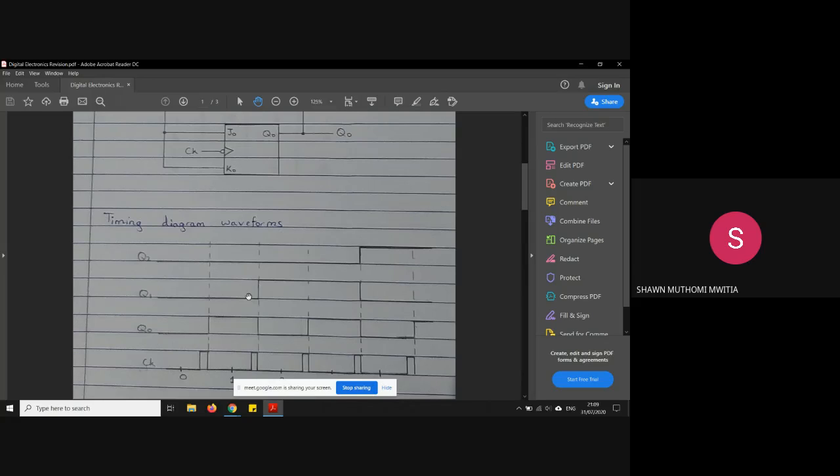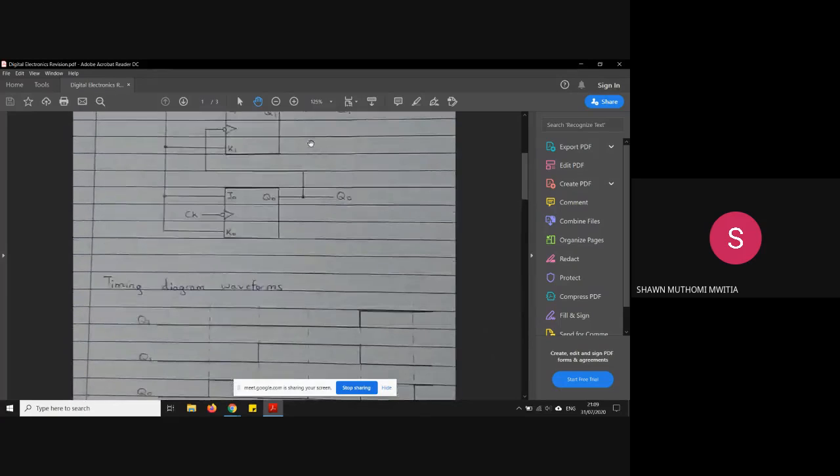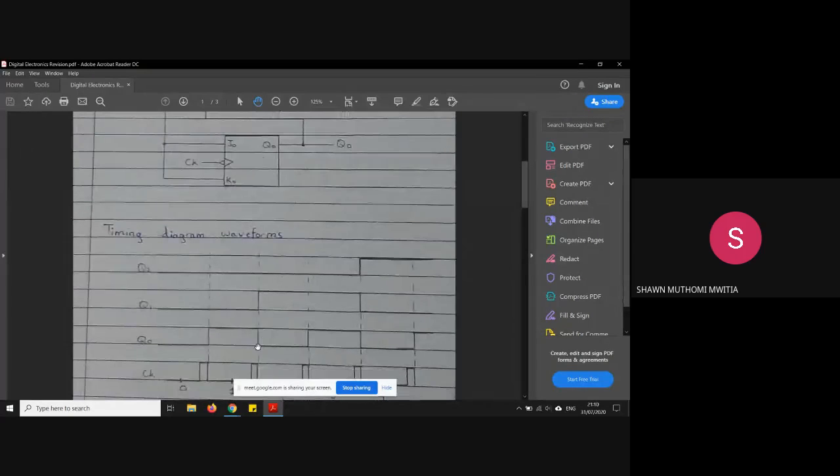Then the second flip-flop, which is now getting triggered by Q0, will be triggered by the falling edge of the output from Q0. That's when it will come up.